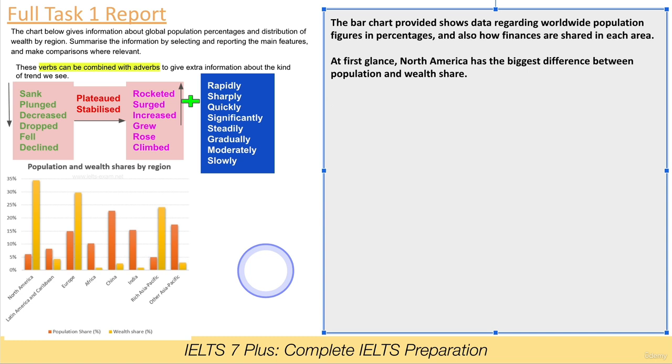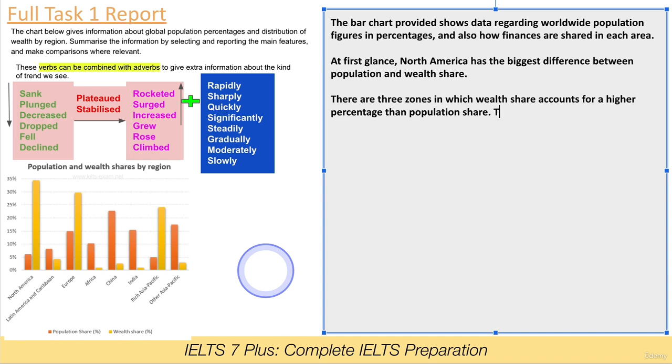Right, so let's go into our first group, which is going to talk about the countries in which the wealth share is higher than the population share. So let's start by saying there are 3 countries, or not quite countries, there are 3 zones in which wealth share accounts for a higher percentage than population share.